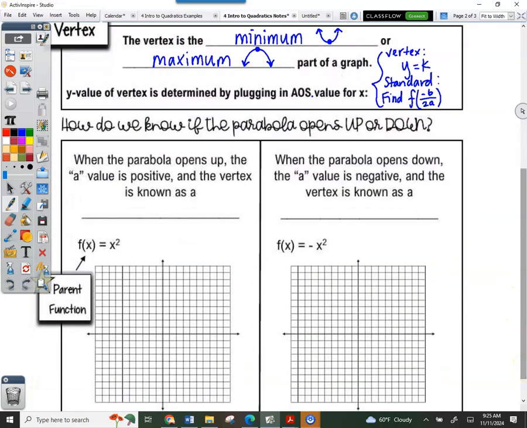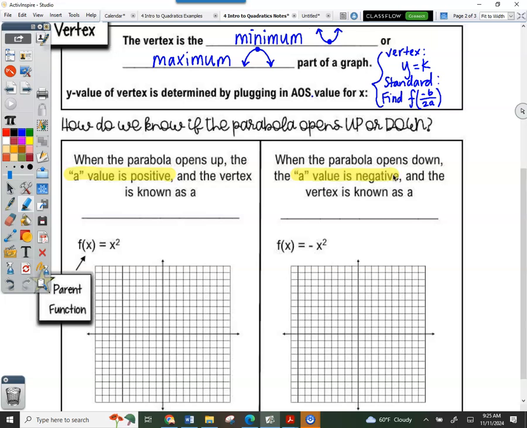Now, how do you know if a parabola opens up or down? It all revolves around a, whether it's positive or negative. If a is positive, it's opening, what do you think? Up. If a is negative, it's opening down. It's as simple as that.